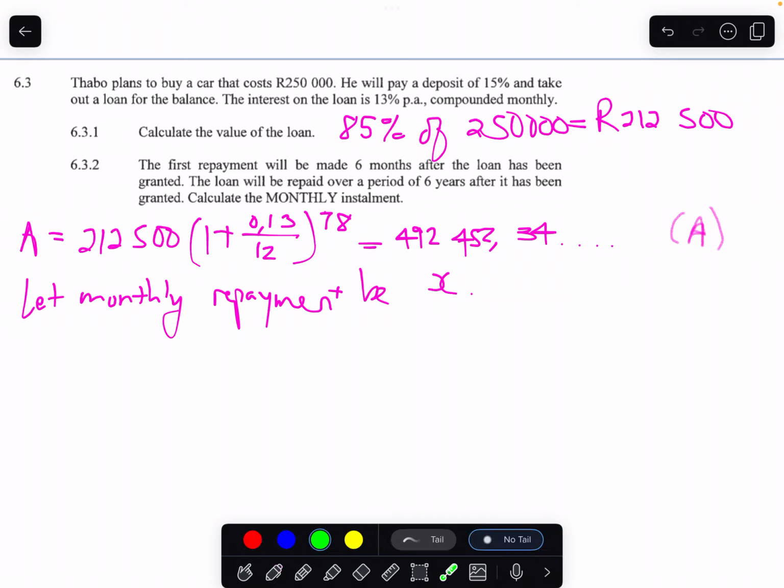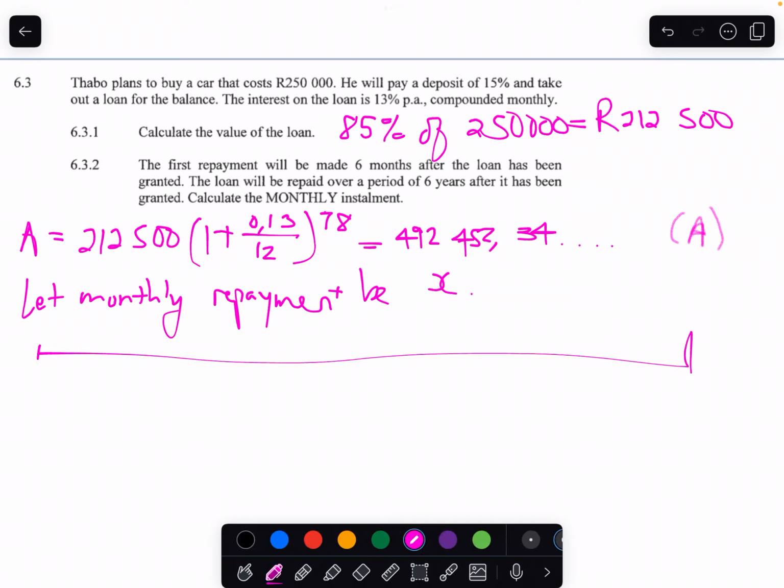These repayments are only going to start 6 months after the loan has started, but that's not really material. What we care about is the 6 years. So he's going to have 6 years of monthly repayments. Let's say he starts repaying at T0 and his last repayment will be at T71, right?